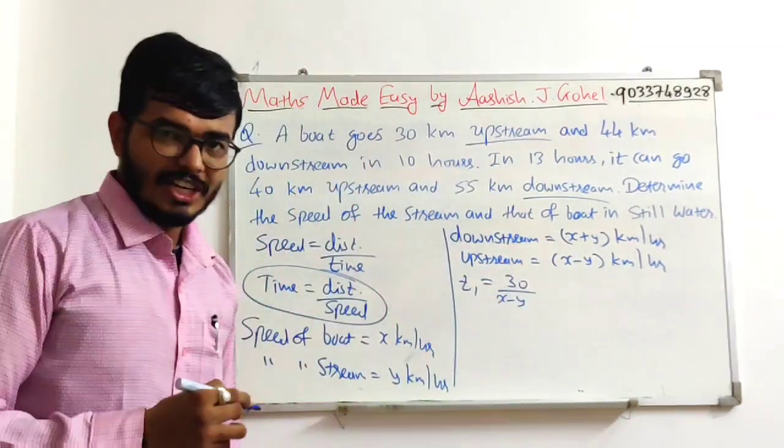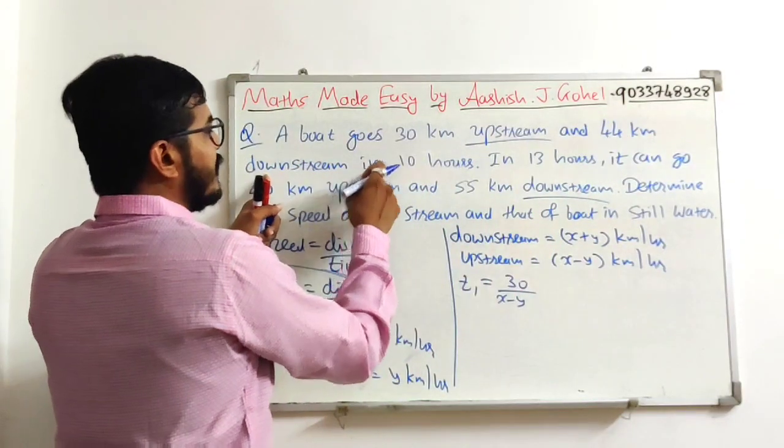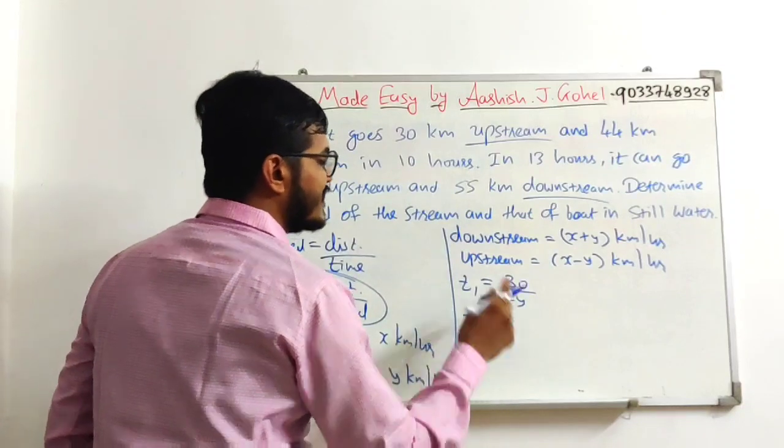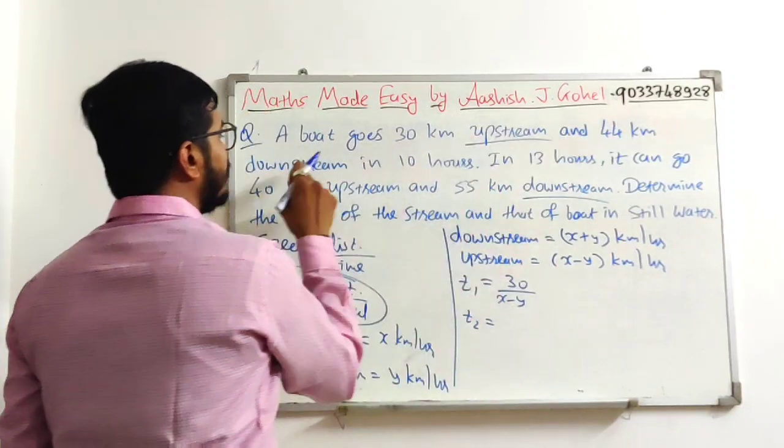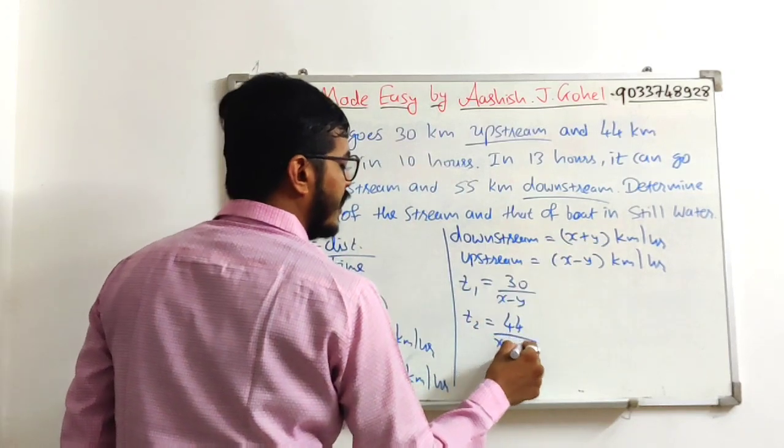Okay. Understood? Next, 44 km downstream in 10 hours. So T2 is the second time, 44 km downstream.